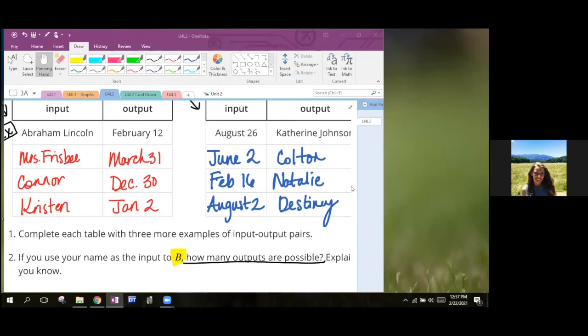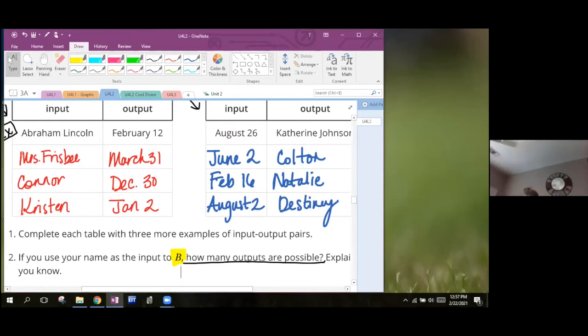Okay, think of Connor. We're using Connor's name as the input. How many different dates could we have put if my output has to be his birthday? Don't overthink it. 1. Just one.